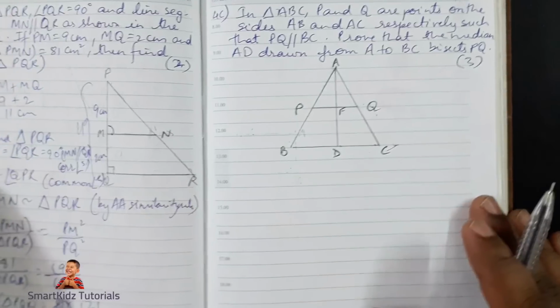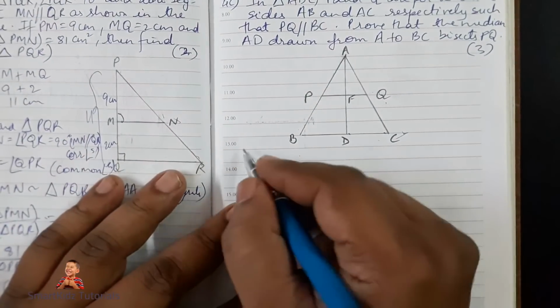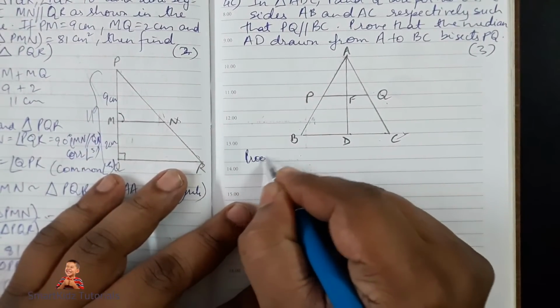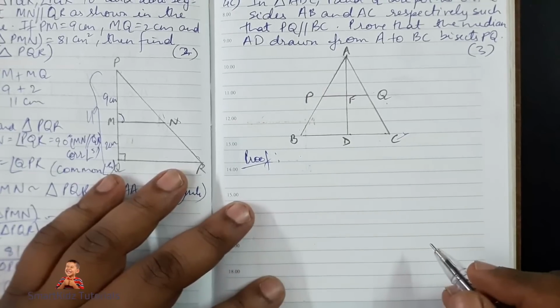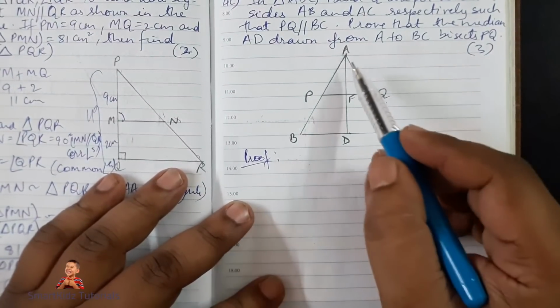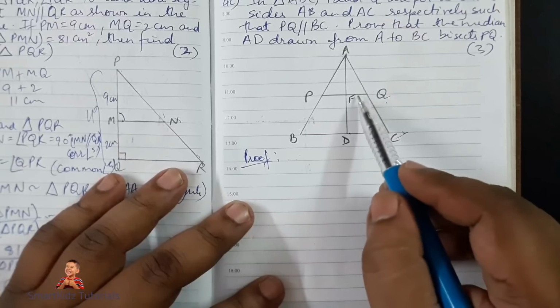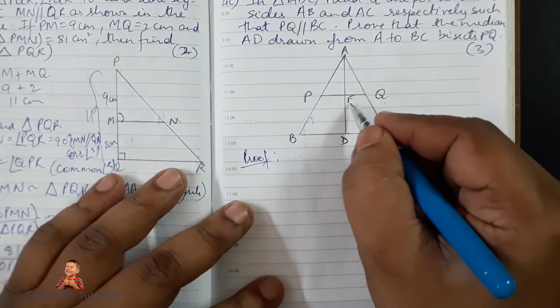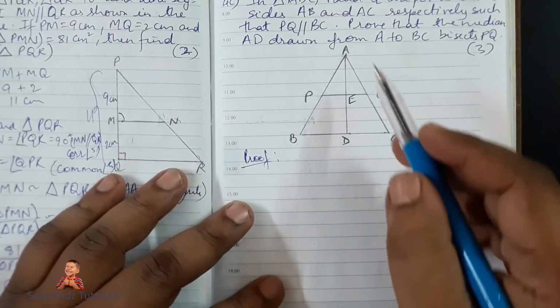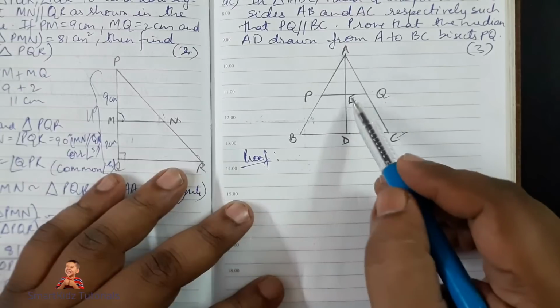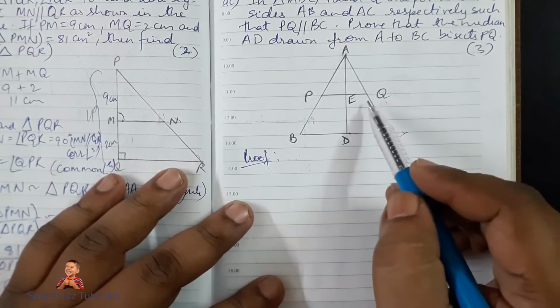Let's begin solving this proof. So let's begin first with triangle APE. This is actually E, not F. So PE equal to EQ is what we need to prove.